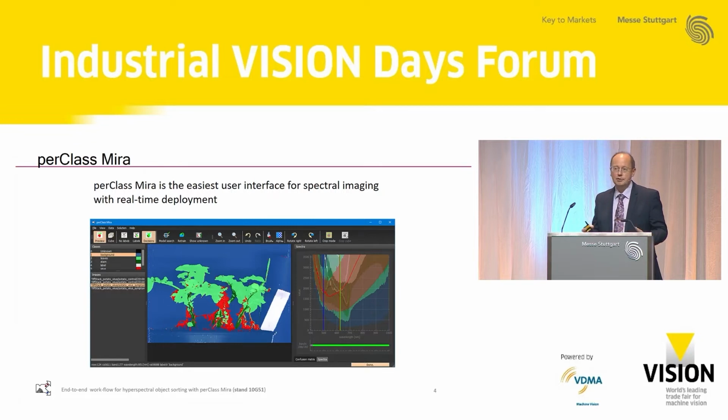So, a typical user of perClass Mira is a system integrator or applied researcher that can really analyze the data, can extract information from spectral images, either for batch processing or, like in this presentation, for real-time online applications. So the final goal is to deploy the models.